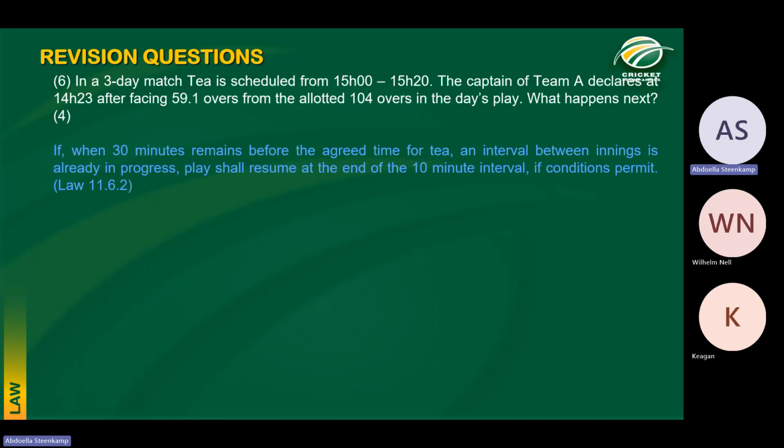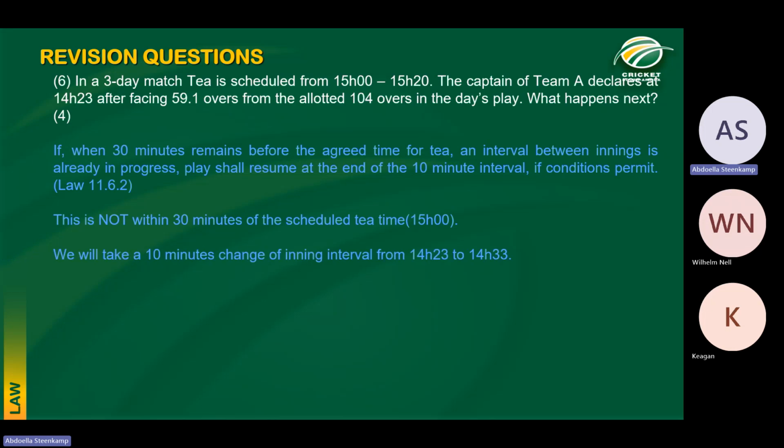Baie mooi, manne. I'll just state the playing condition again. If 30 minutes remains within the interval is already in progress, play to resume at the end of the 10-minute interval. Because this is not within 30 minutes to tea, we cannot activate that other clause where it says take an early tea. So we now need to take the 10-minute change of innings interval from 14:23 till 14:33.